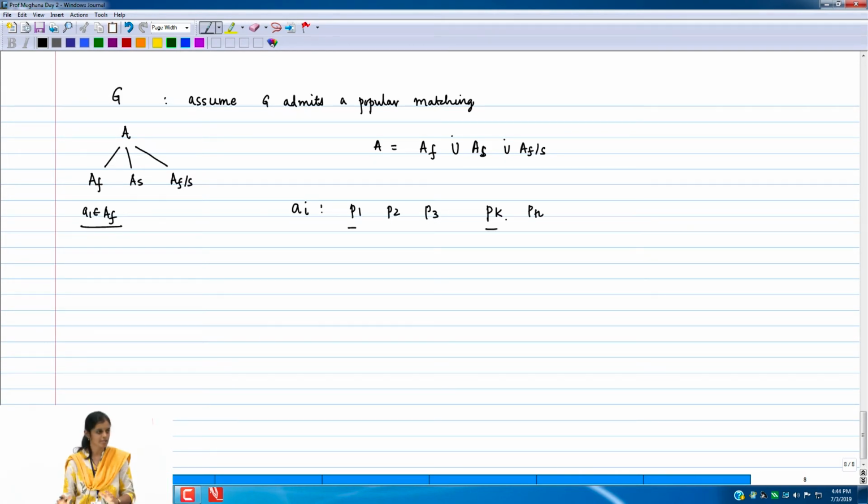So there are only two popular partners that you can have: one which is your F post, and the second which is your non-F post, if it exists, because maybe there is no other post that you get matched to. There are only 2 different ranks that an applicant can get matched to in different popular matchings. There may be multiple popular matchings, but you get either your F post or your S post.